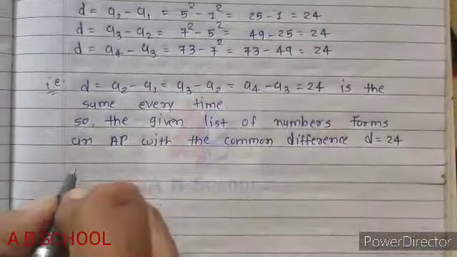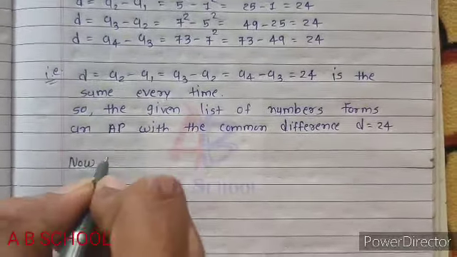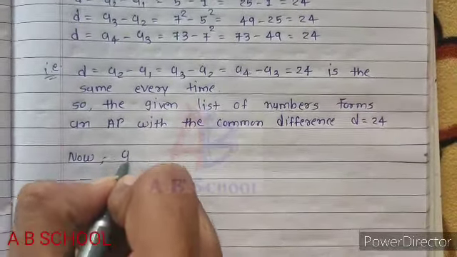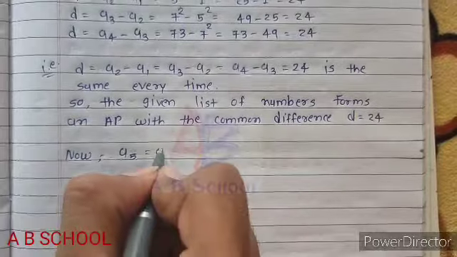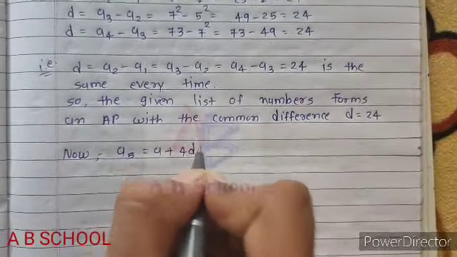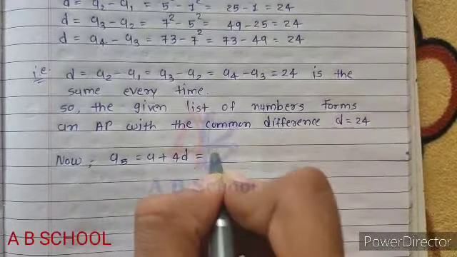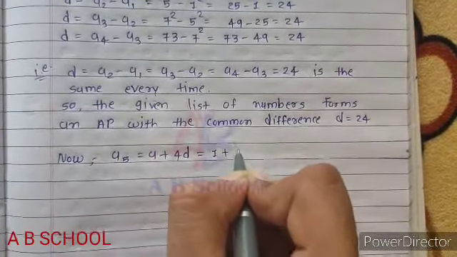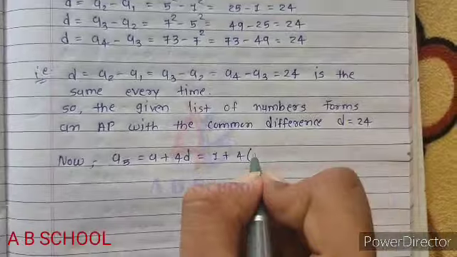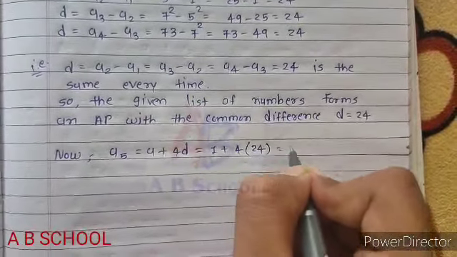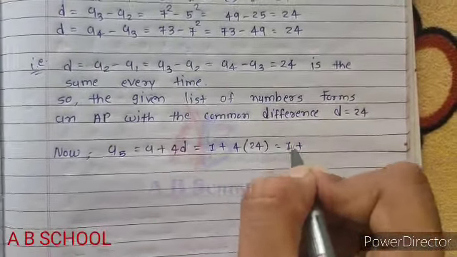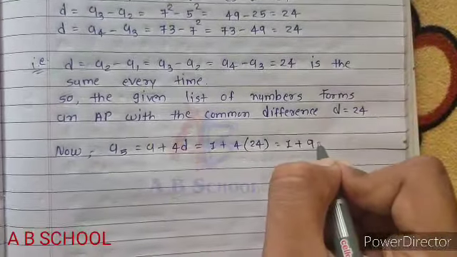Now for the next three terms, by using the general form of AP, A5 is equal to A plus 4D. Value of A is equal to 1 plus 4, common difference D is equal to 24. So 24 fours are 96.